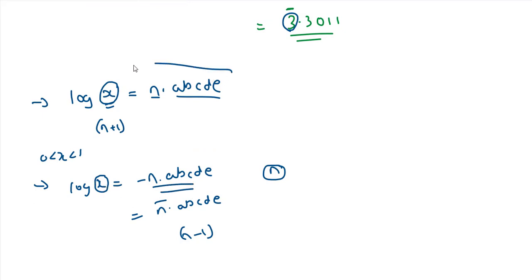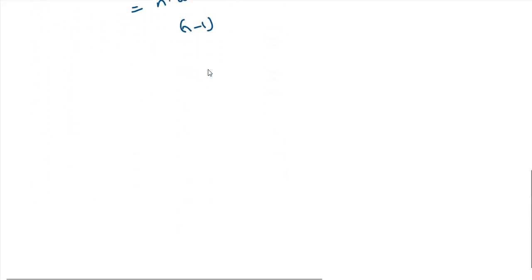Let us see how to apply this concept in finding the number of digits. Let us take this example. If you want to find the number of digits in 16 raised to 16, now this is a big number. It is not possible for us to calculate the value and then count the number of digits. So we will take the help of logarithm.